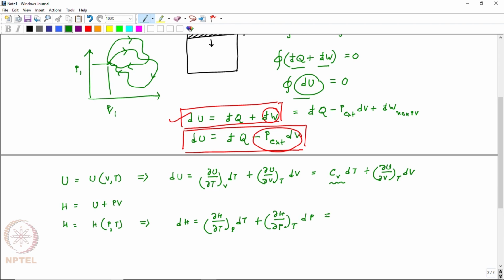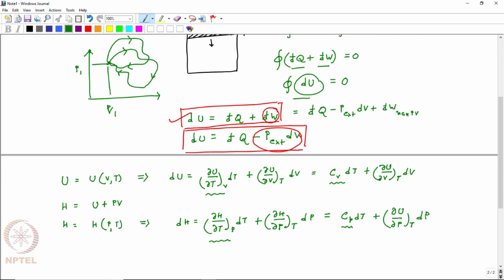And again, just like we showed that Cv is basically the change in internal energy with respect to temperature at constant volume, Cp is nothing but the heat capacity at constant pressure, and dH is nothing but the heat withdrawn at constant pressure. So by definition, Cp is nothing but ∂H/∂T, and using that notion we got a similar equation.